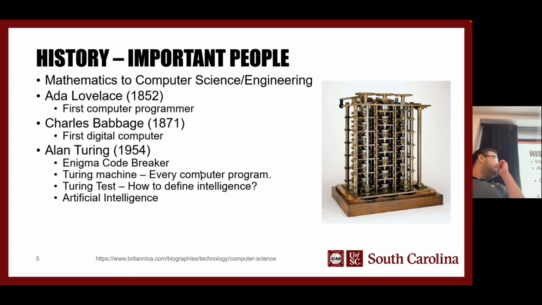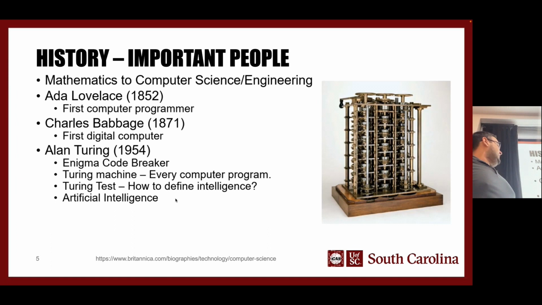Then we have Alan Turing in 1954. So we did a nice, almost 100-year gap. He was fundamental in finding, he is kind of the god of computing to some extent. There's more of them, but he is one of the, like everything with the Turing machine. If you've heard about the Turing machine, all of our programming languages and computing resources and everything could technically be based off of his original idea of a Turing machine.